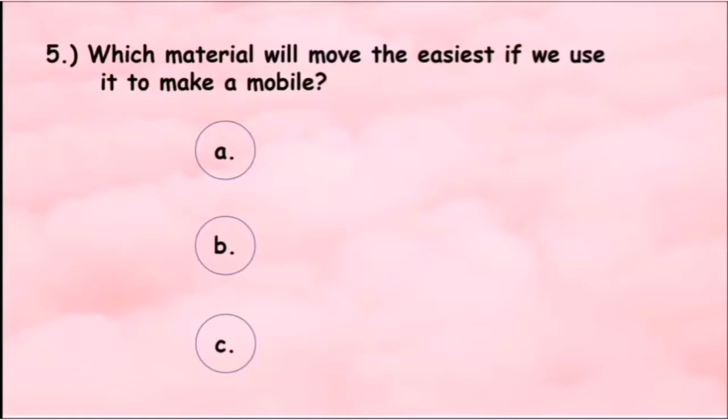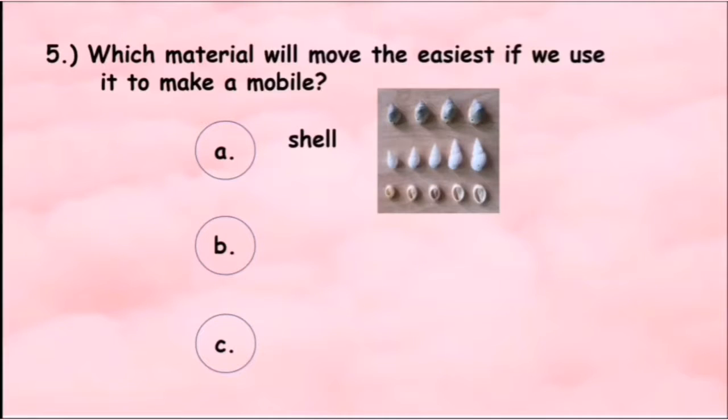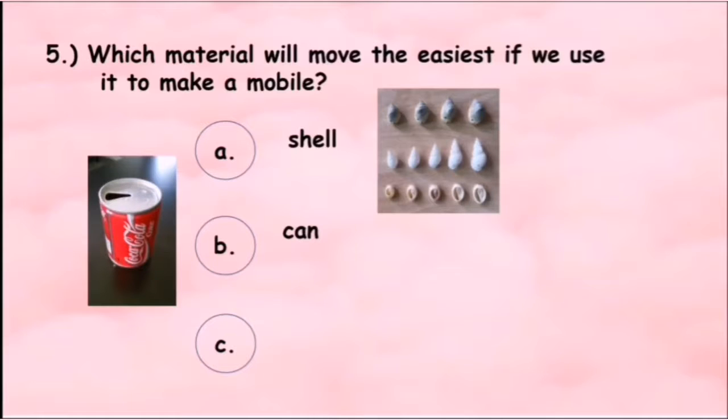Which material will move the easiest if we use it to make a mobile? So this question is hard, so I will be teaching you the answer for this one. So please listen carefully. Is it A, shell? B, can? Or C, paper?